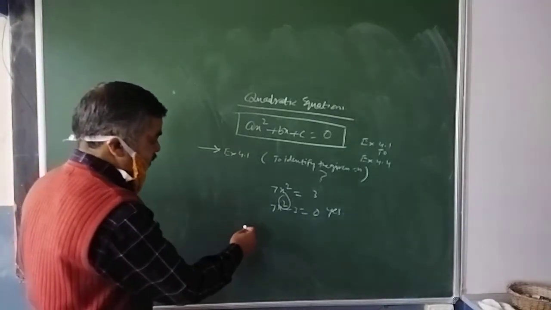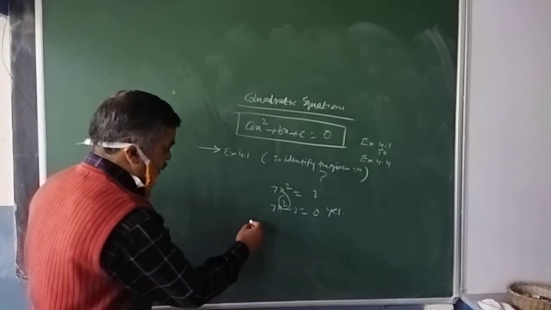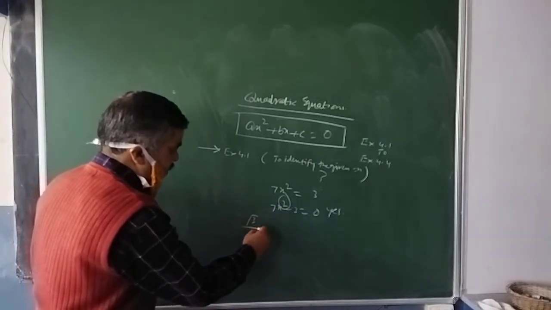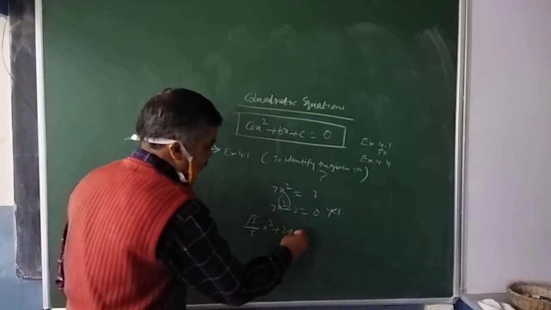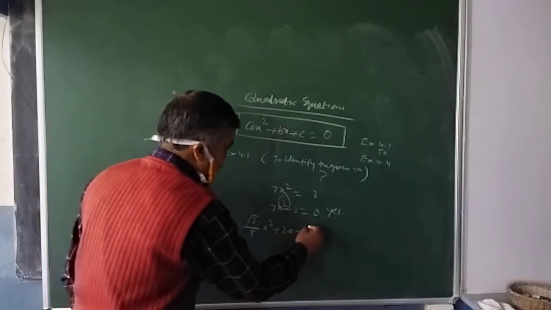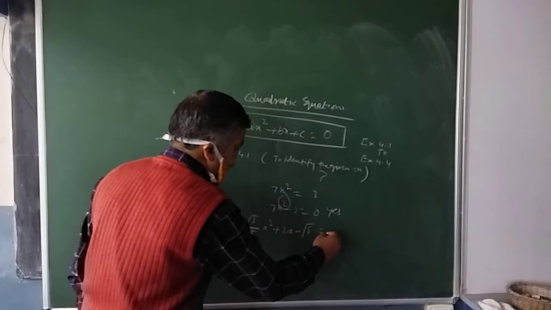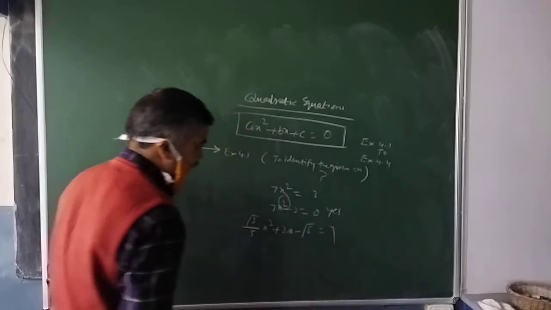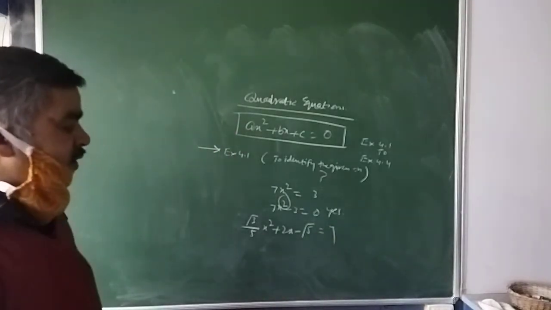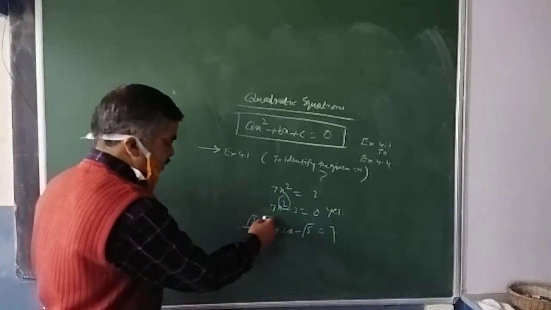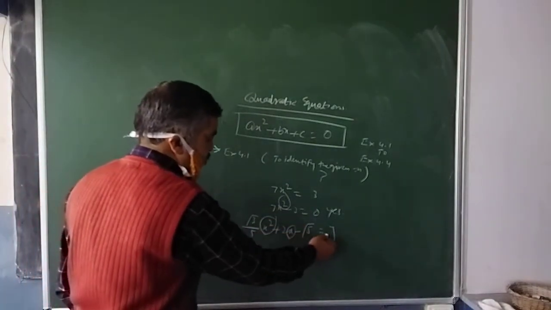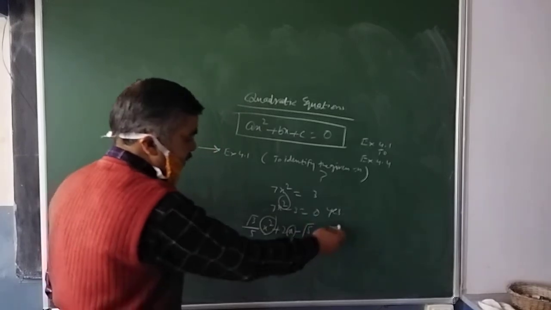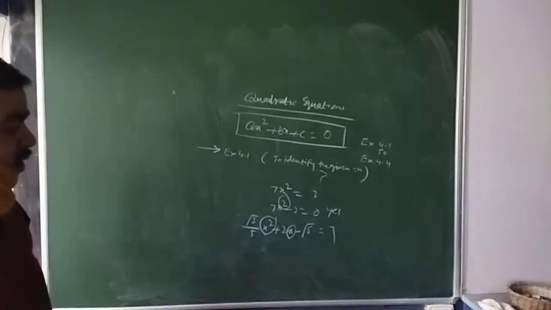It doesn't make any difference if it is like root 3 upon 5 x square plus 2x minus root 5 is equal to 7. Again, you can see it is a quadratic equation. Why? Because the degree is 2, this is x, and minus root 5 plus 7 together can be taken as a constant term.